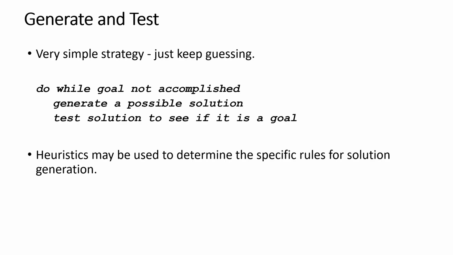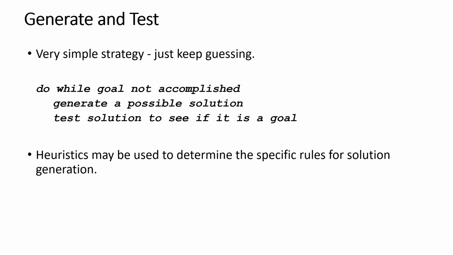Next is the testing phase, which evaluates whether the generated solution meets the specified goal condition. If the candidate solution fails the test, it is discarded and another candidate is generated. If it passes the test, the search terminates successfully.